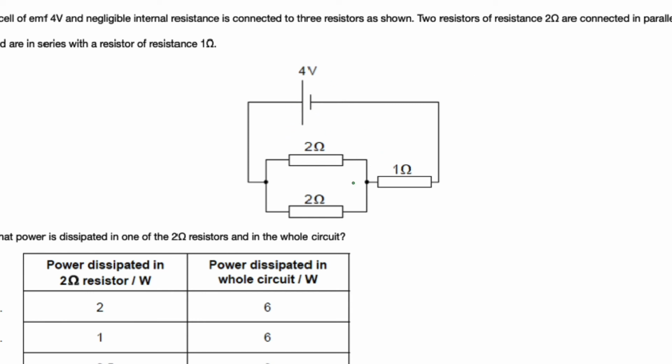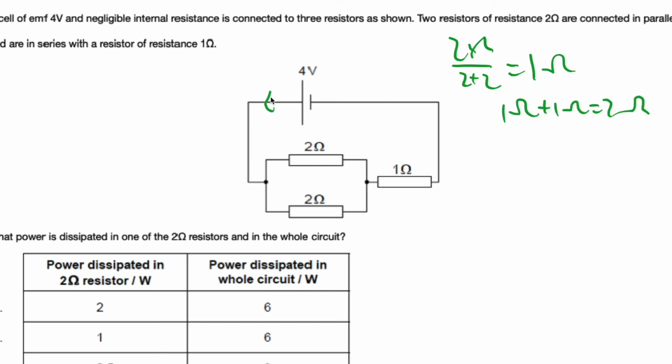Here the total resistance of the circuit is equal to 2 times 2 over 2 plus 2, which is equal to 1 ohm. 1 ohm plus 1 ohm is equal to 2 ohm.